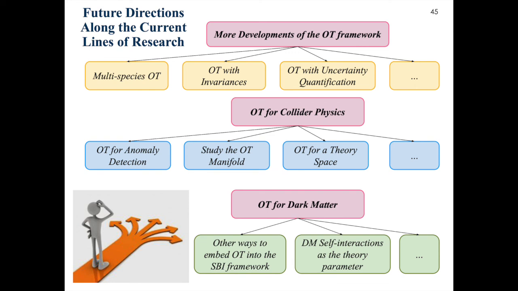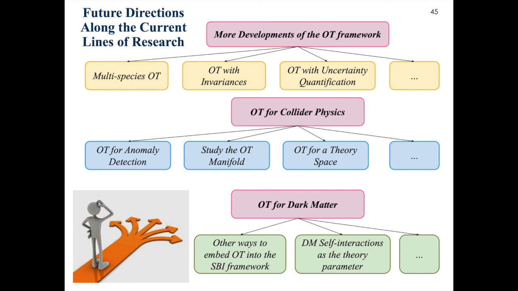In this case, there will be a certain additional cost associated with converting a blue pixel into a red pixel. This is called multi-species OT, and our math people are actively developing this framework now, and we wish to apply it to the collider physics case next year.